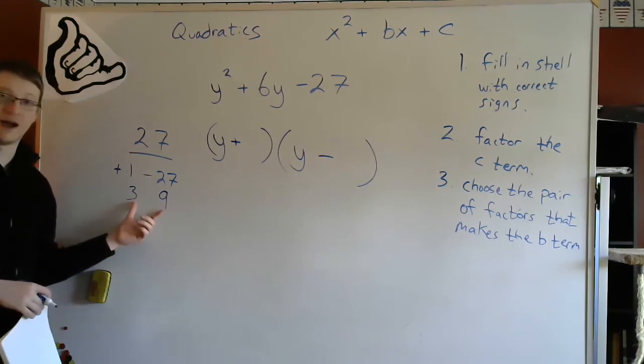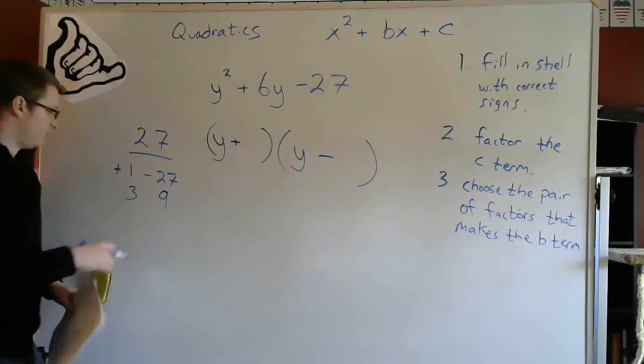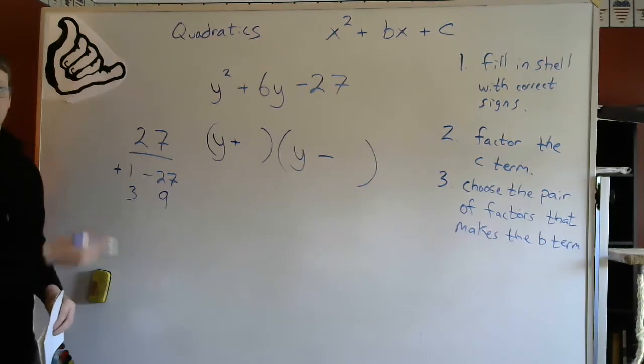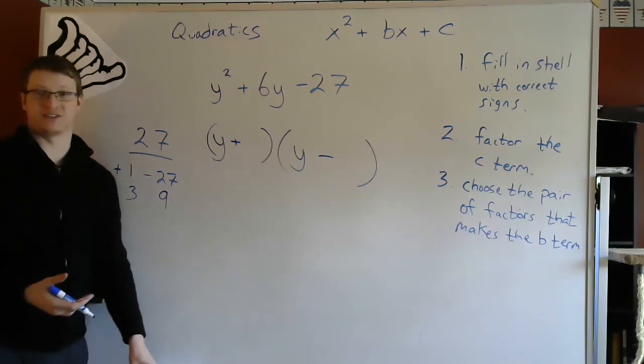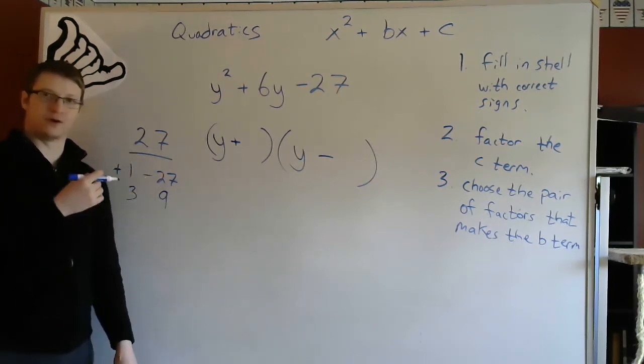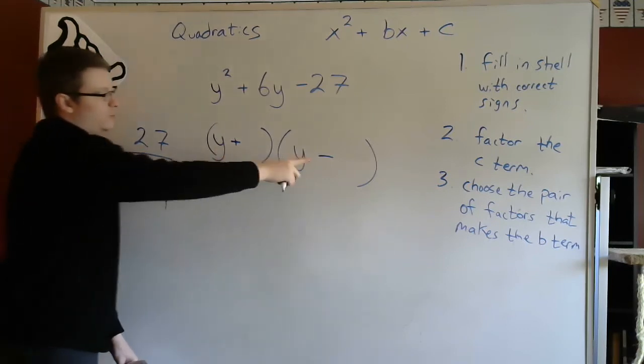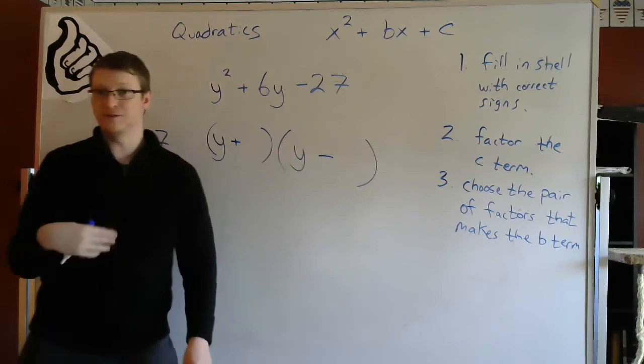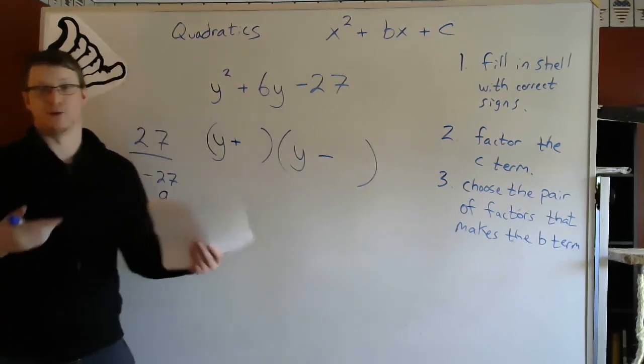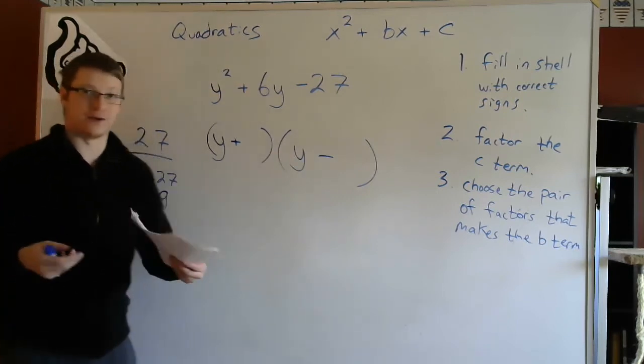But the 3 and the 9 I could use. Which one has to get the plus sign and which one has to get the minus sign? These ones are a little bit more difficult because you have to think about which one of these numbers goes with which one of the signs. In the previous examples, it didn't matter because they were both positive or they were both negative. Now it does.